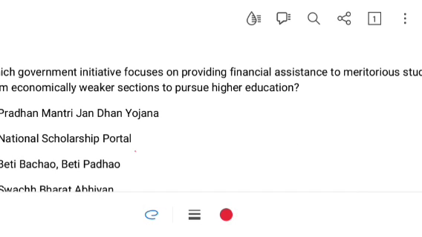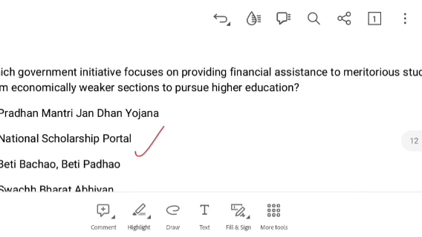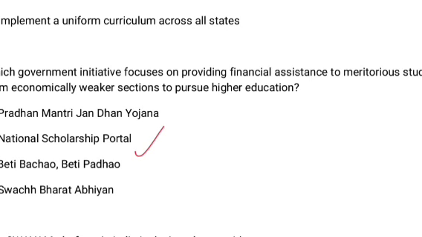If you are still engaged in higher education for different kinds of courses, then you should often visit this website NSP. Here you will get to know various scholarships sponsored by UGC as well as other ministries of the Indian government itself and various state governments.